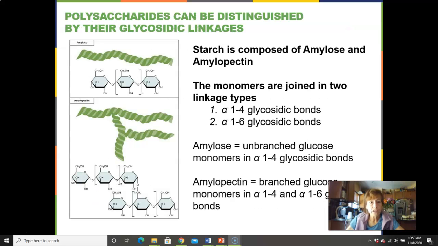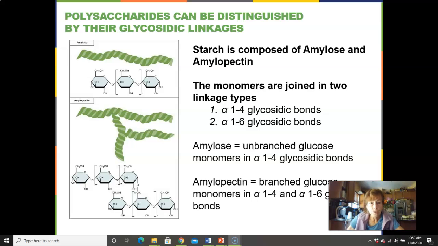Before I move into lipids though, just a couple things on polysaccharides. So we mentioned starch, and there's a couple different versions of starch that we can see. The way these individual monomers join is by these glycosidic bonds, just like every other monomer forming a polymer.